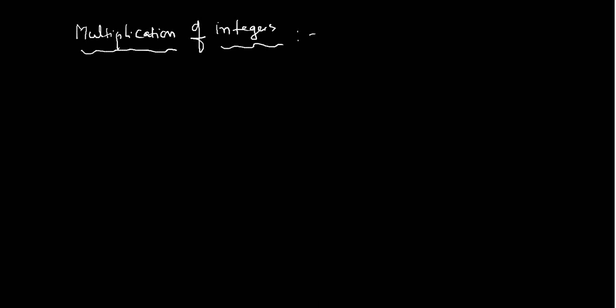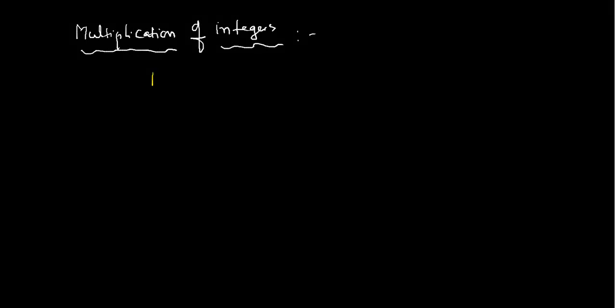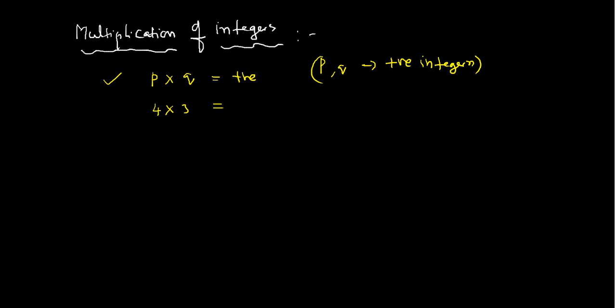As we all know, the product of two positive integers, suppose p and q are positive integers, is always again a positive one. For example, take 4 into 3. 4 into 3 is 12, and 12 is a positive integer.